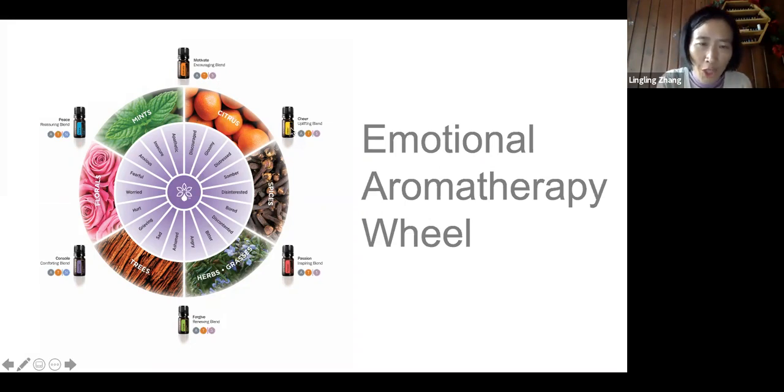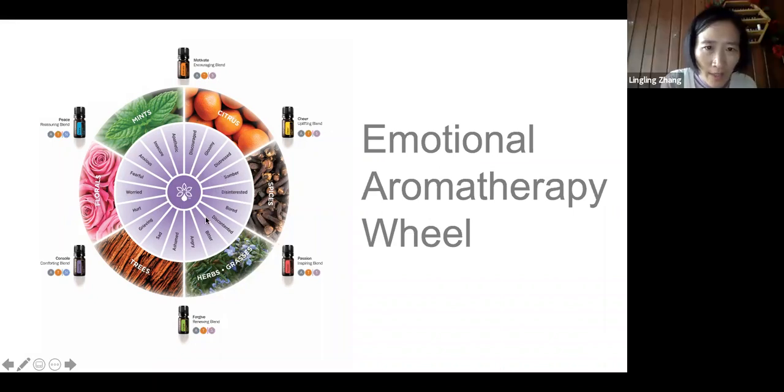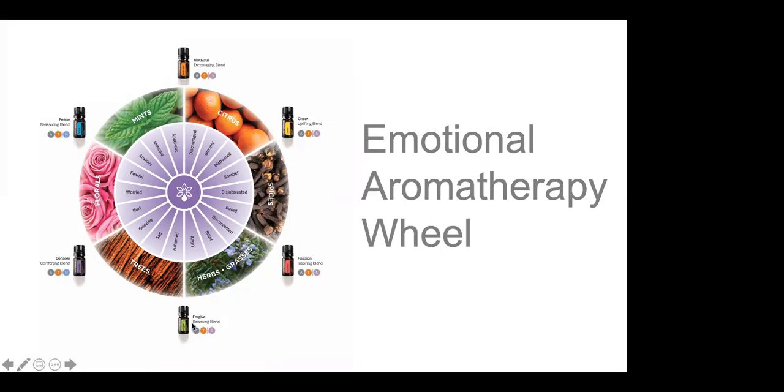For example, for cheer, it has the citrus oils and spice oils as their main ingredients. And passion has the herbs, spices. And then inside the wheel are the negative emotions you want to get rid of. So whenever you have any kind of negative emotion, you can look at the chart and then find the oils that can help you.